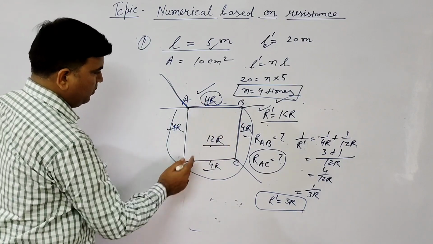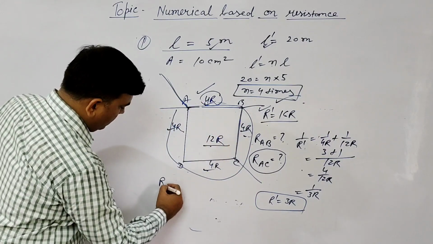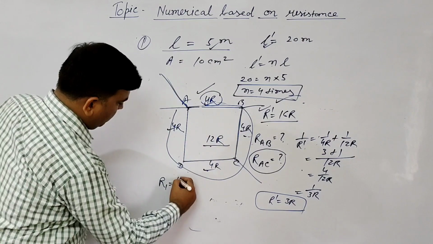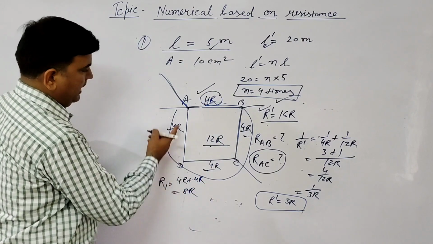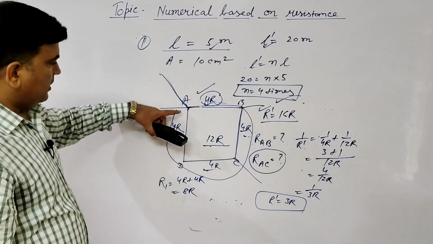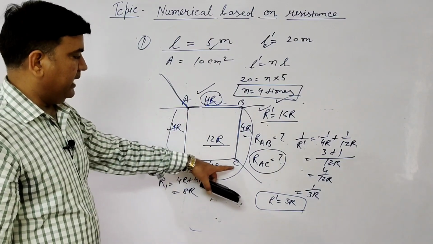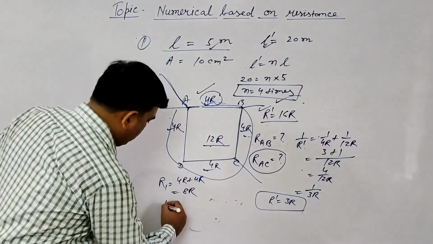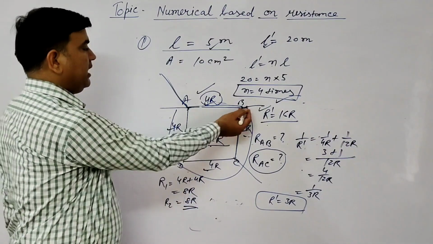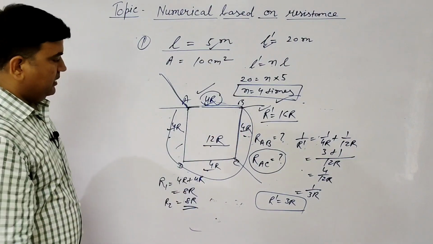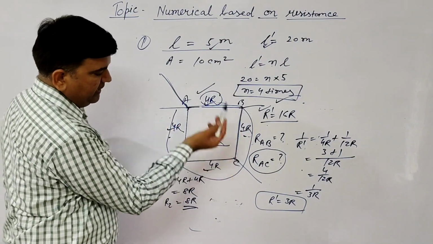So the equivalent resistance, let us consider it R1, 4R plus 4R, is 8R. And the same resistance for sides AD and DC, R2 equals 8R. That is, 8R and 8R are both joined in parallel between the points A and C.